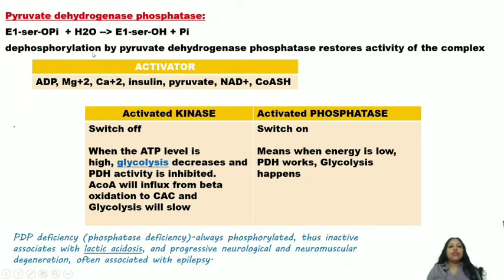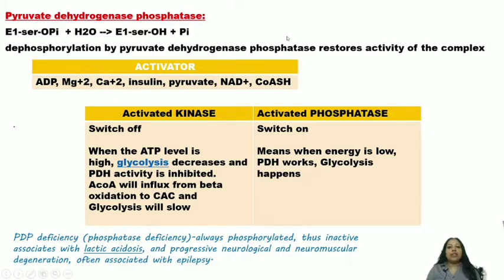Dephosphorylation by pyruvate dehydrogenase phosphatase restores the activity of the complex, meaning it switches on the complex. You can say when the pyruvate dehydrogenase complex is active, pyruvate dehydrogenase phosphatase is active. Kinase does the opposite role.